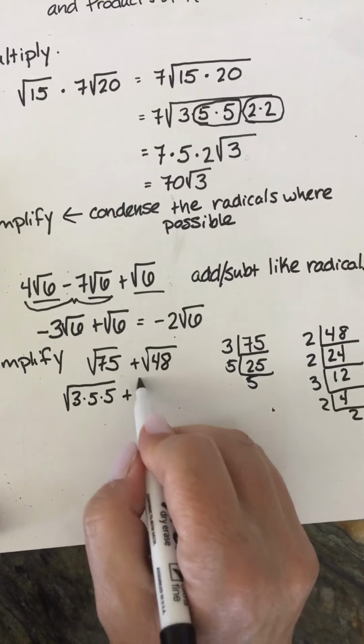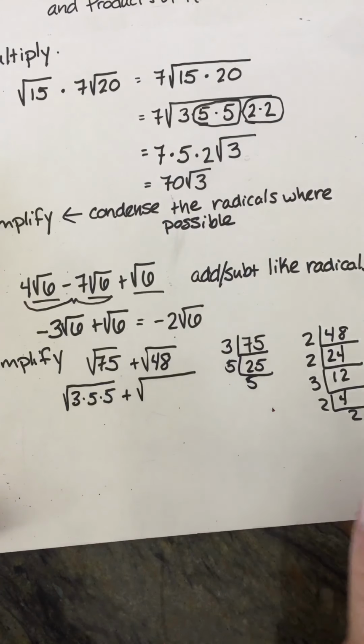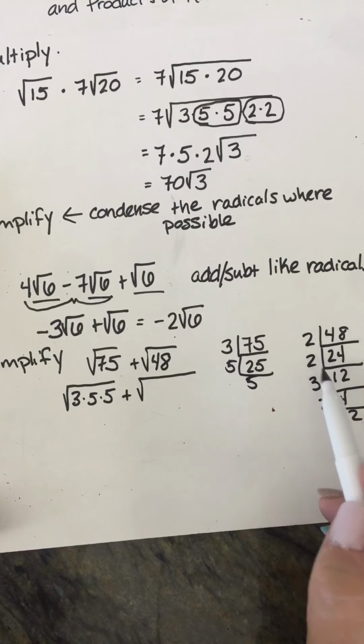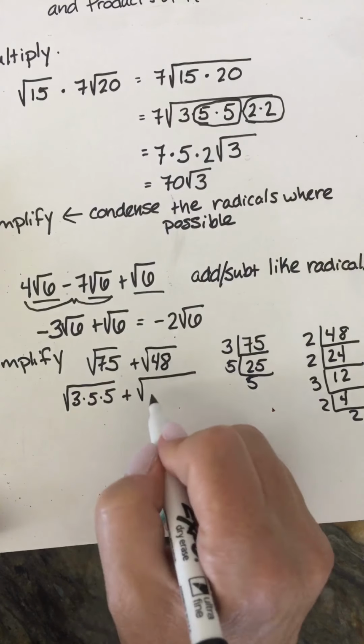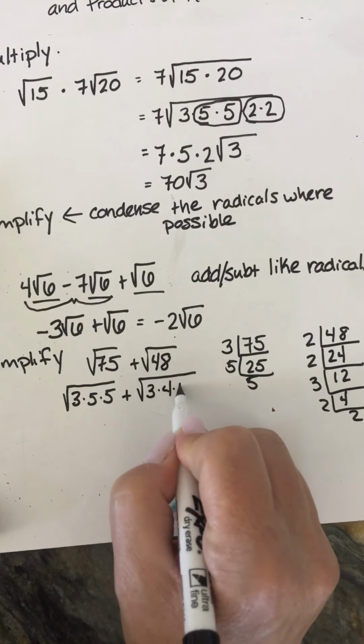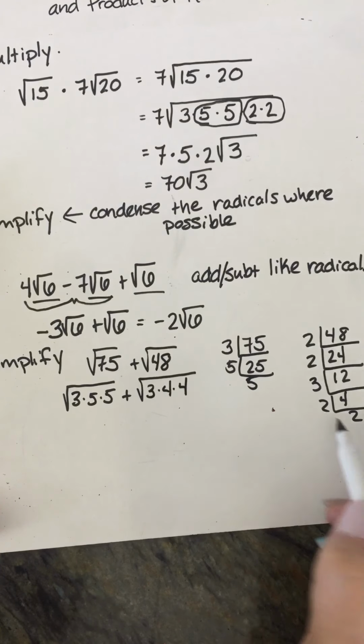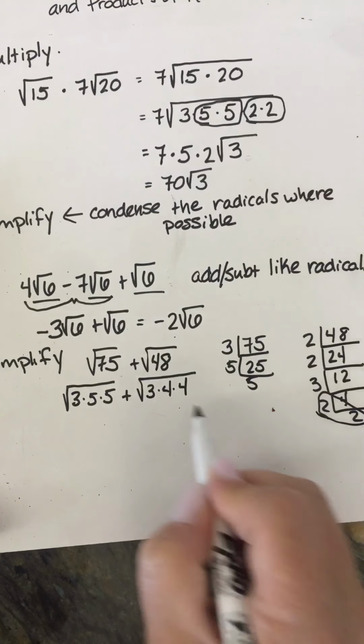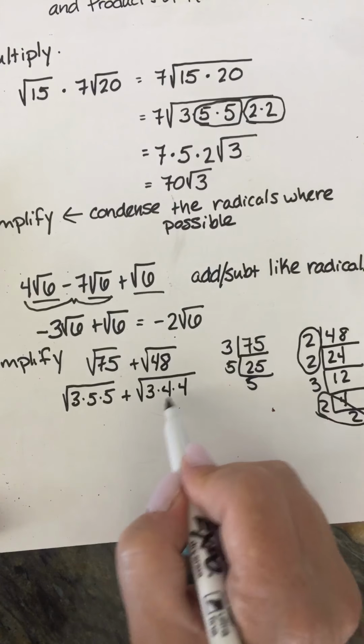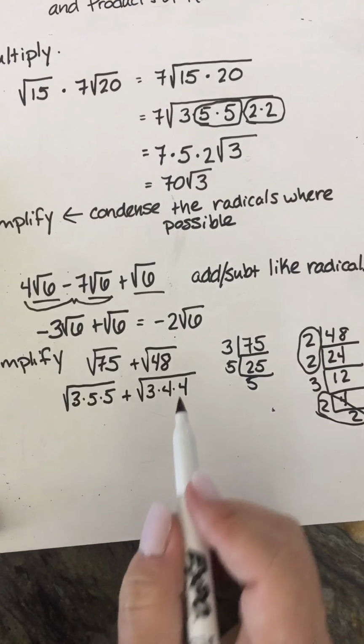All right, so I could either write it as 3 times 4 times 4, or I can do 2 times 2 times 3 times 2 times 2. I think I will do 3 times 4 times 4. But that's because I took this set of 2's and combined them and this set of 2's and combined them. And they're the same thing.